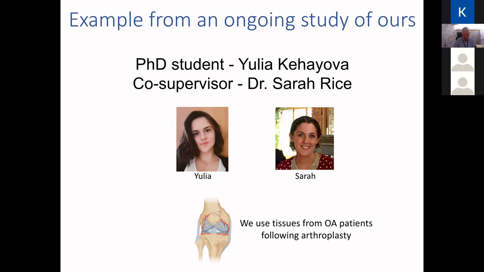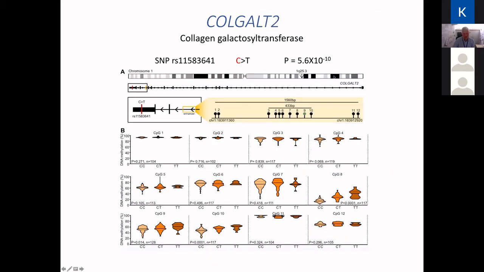So in Newcastle, we're really fortunate in that we have very close collaborative links with the Freeman Hospital and the Royal Victoria Infirmary in Newcastle. And through those two hospitals, we're able to work with orthopedic surgeons and access tissue from patients who are having their joints replaced. So we can get things such as cartilage, but also synovium, subchondral bone, fat pad, and so on.